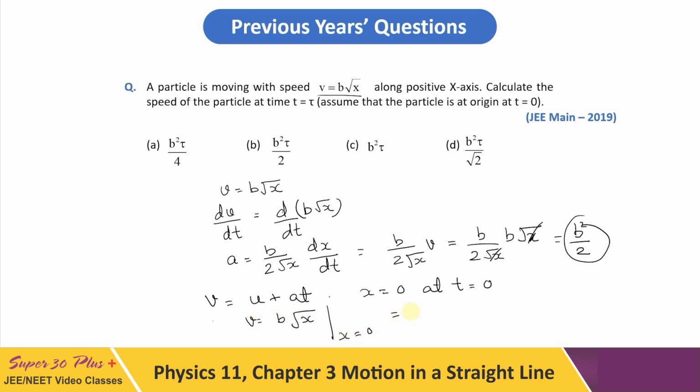That will be equal to 0. Now we got value of u and it can be substituted in the equation v is equal to u plus at to get 0 plus b square by 2, which is value of a, multiplied with time, which is tau. So we got the answer as b square tau upon 2. Which option is this? Option number 2.